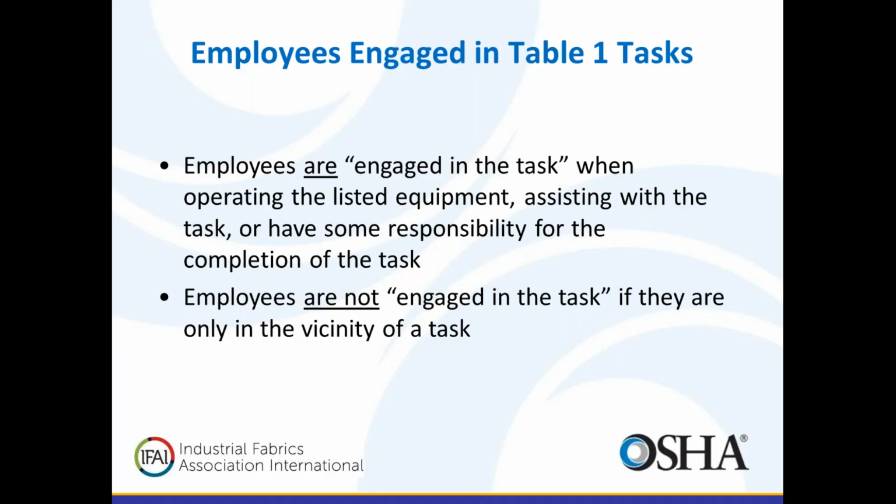People aren't engaged in a task if they're just working there on the site and doing other things. So you have a helper that's actually going to the truck and bringing stuff back and forth and setting things up, and that helper is not actively engaged in a task. You don't have to worry about them. You worry about the person that's actually operating the tool.